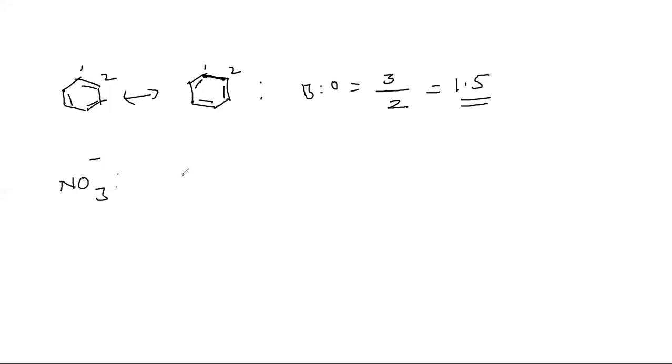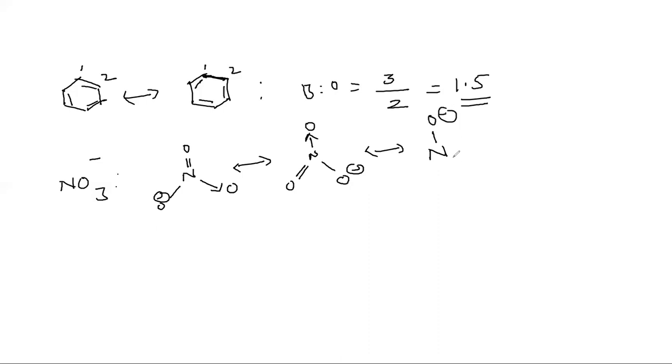I am drawing the possible resonating structures now, with a double bond to O. So in total I have 3 resonating structures here.